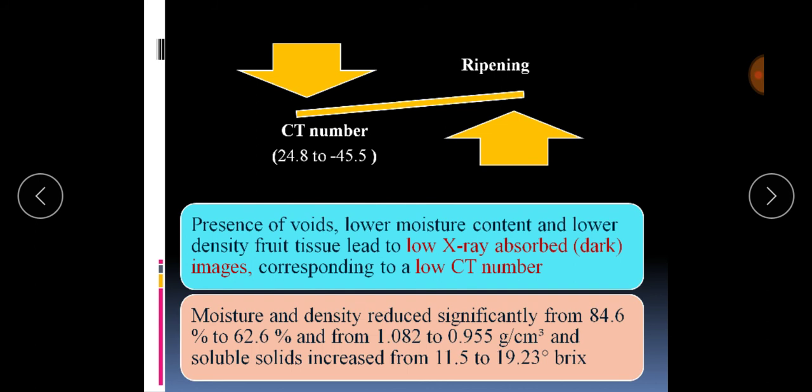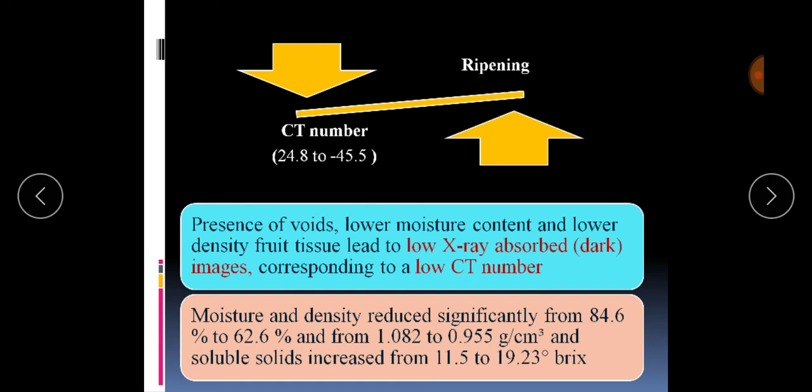Then moisture and density reduced significantly, from 84.6% to 62.6%, and from 1.082 to 0.955 gram per centimeter cube, and soluble solids increased.